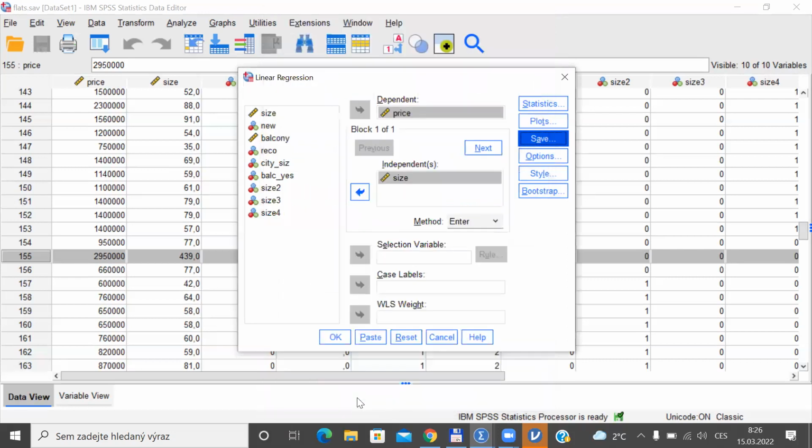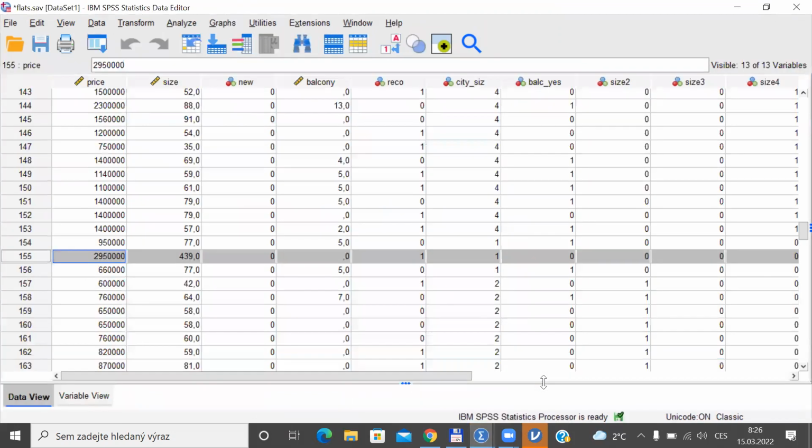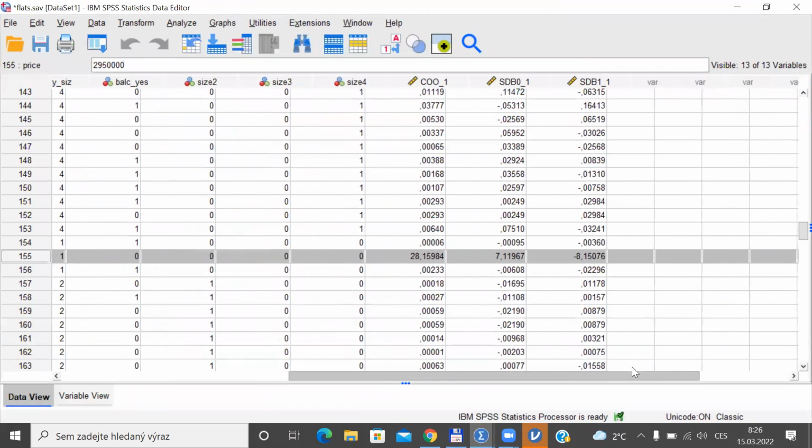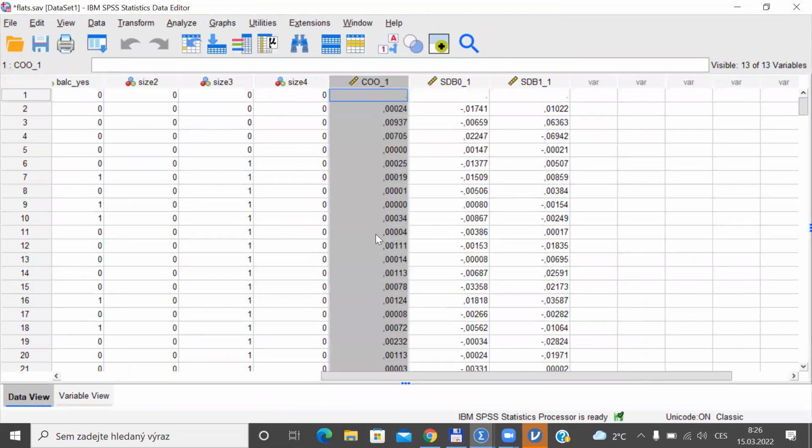So here we are, continuing. And I guess that we can find some new columns in my data matrix. The first one is Cook's distance. It is technically called COO_1, and you can see that the label is very simple, Cook's distance.